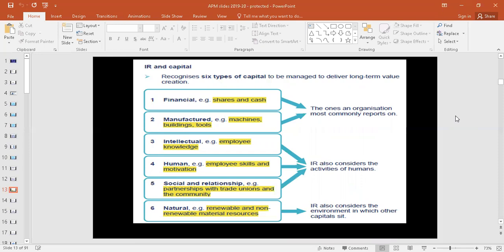The first type of capital is financial, manufactured, intellectual, human, social and relationship, and then finally natural. Financial capital is the one which we record in the financial statements.